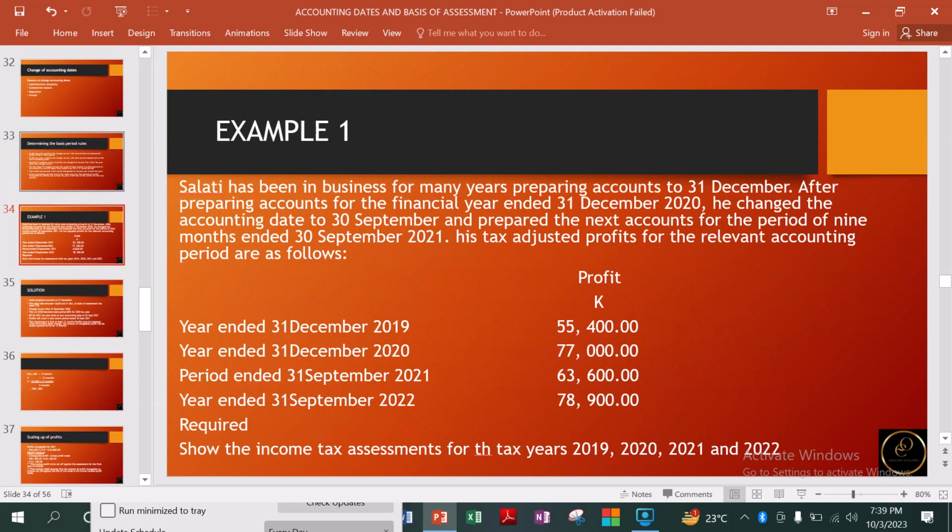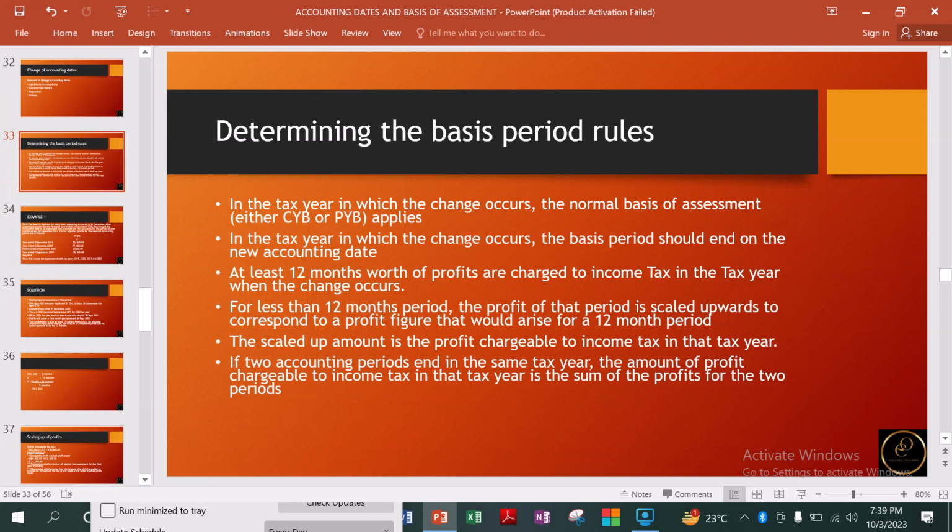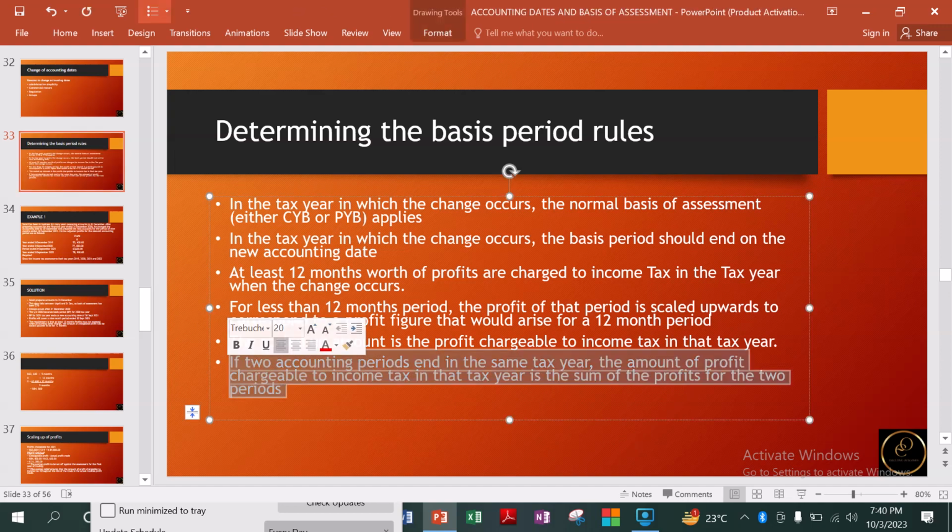Okay. So if two accounting periods end in the same tax year, the amount of profit chargeable to income tax in that tax year is the sum of the profit for the two periods. So this is the note that is being applied in this particular case.